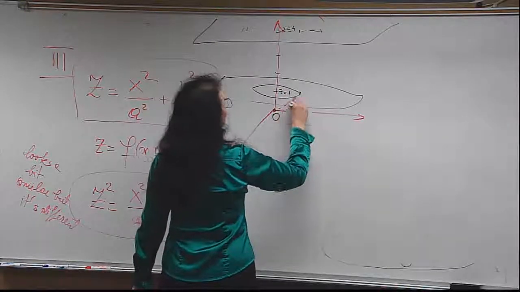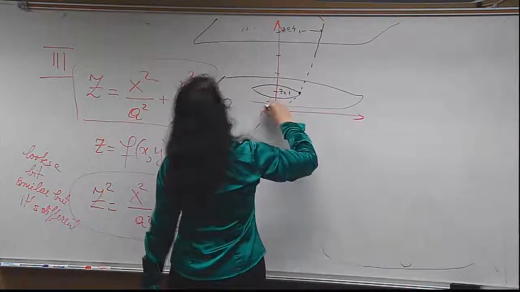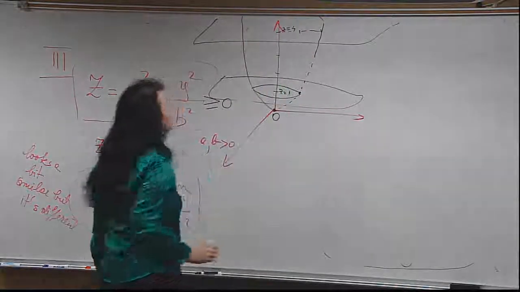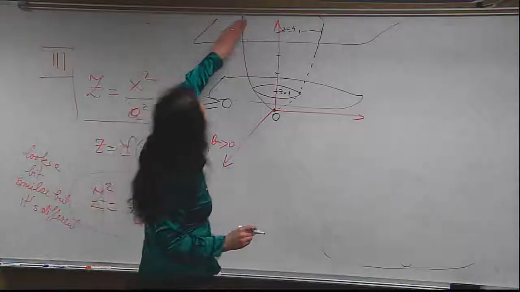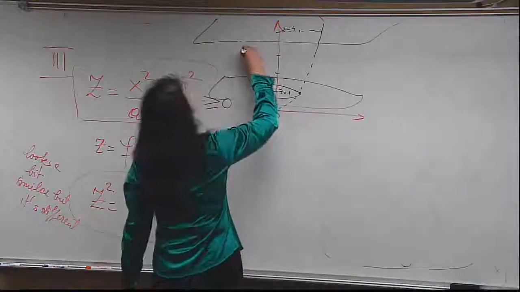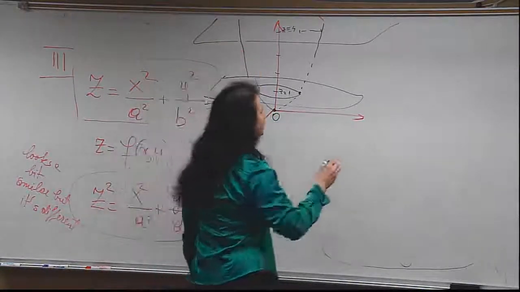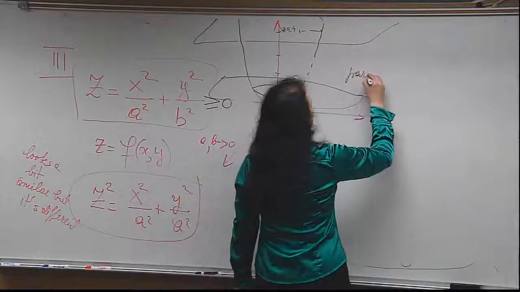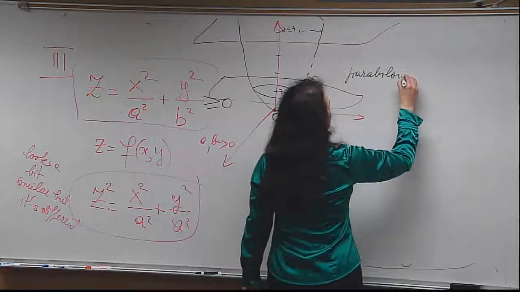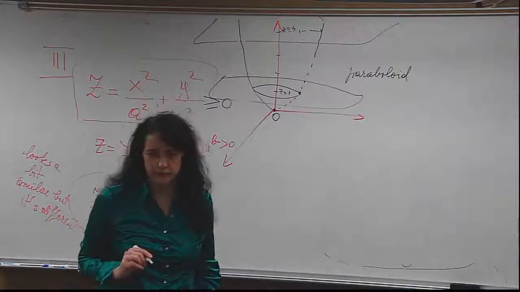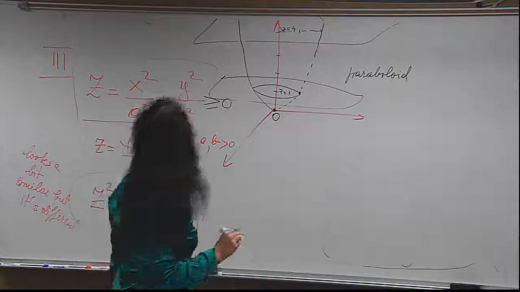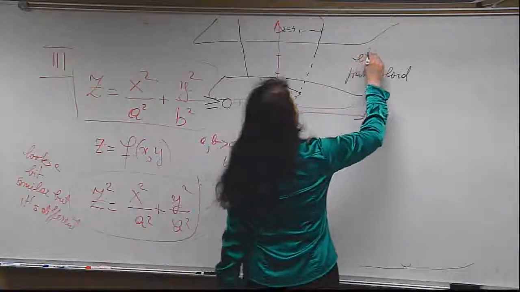And if I am to draw many circles, one on top of the other, by continuity, I'm going to get this beautiful shape. It looks like a cone, but it's not a cone, actually. It's a paraboloid, right? And how do we call this type of vase? In this case, it's an elliptic paraboloid.